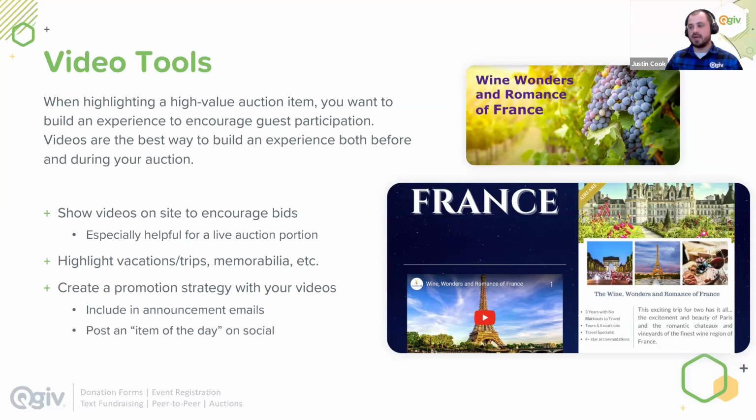So including a key item that they want to highlight. And we also see them post what we call an item of the day. So being able to highlight some of the cool auction items that you're going to have, and that creates the experience with your guests and gets them encouraged to join and be a part of your auction.